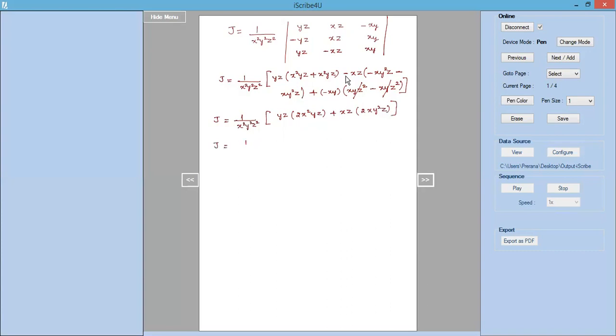So Jacobian is equal to 1 divided by x square y square z square multiplied by 2x square y square z square plus 2x square y square z square. So this gives us 1 divided by x square y square z square multiplied by 4x square y square z square. So the product x square y square z square gets cancelled, and hence the Jacobian value is 4.